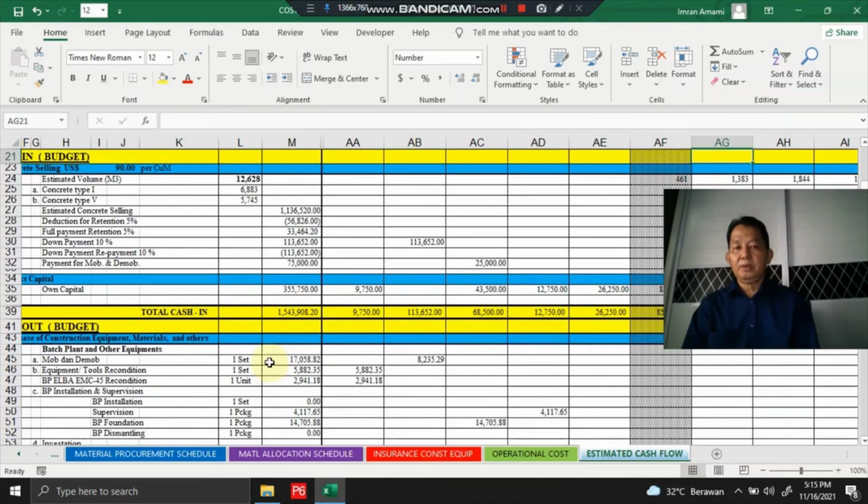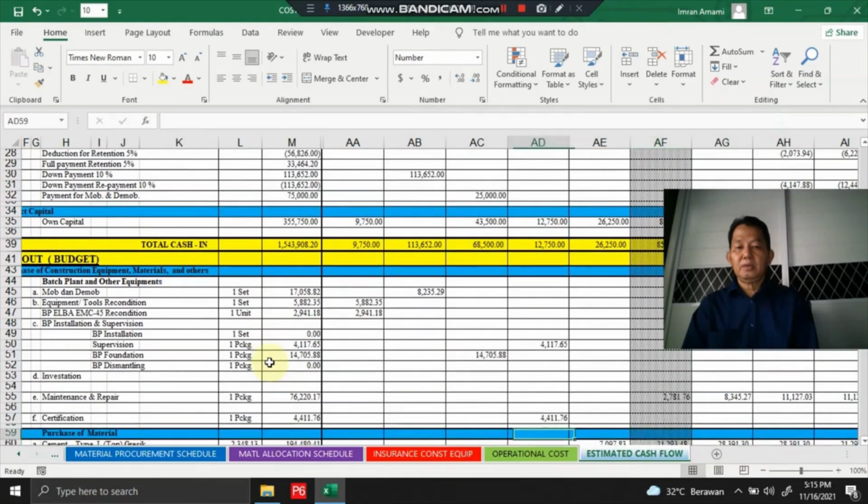We allocate this cost 3 months earlier for the construction of the batching plant foundation, and 2 months earlier before the first month of concrete supply for the supervision.